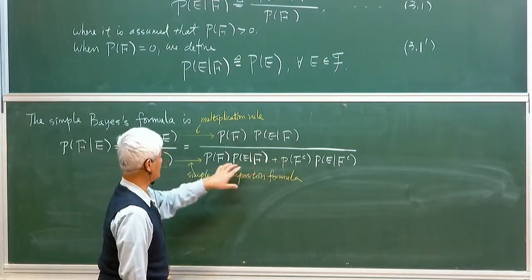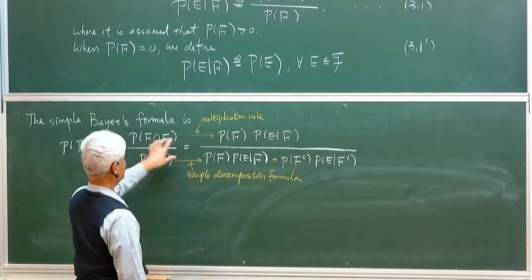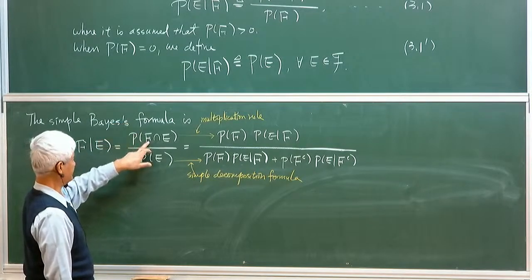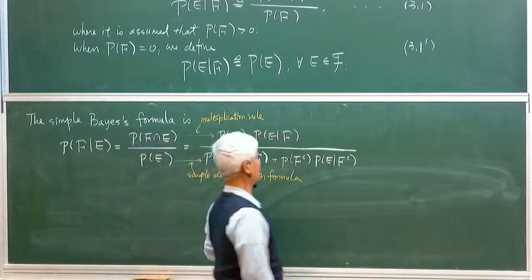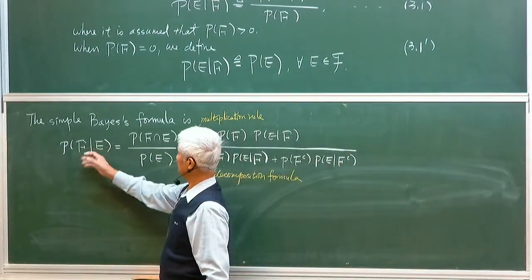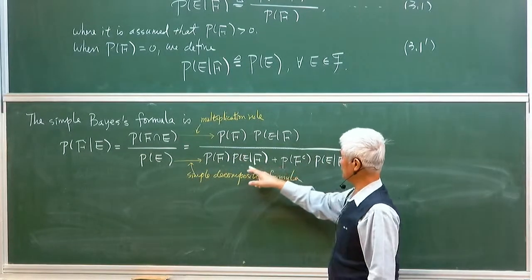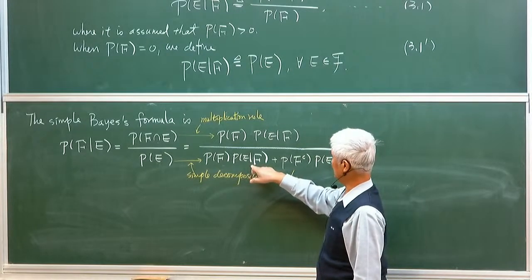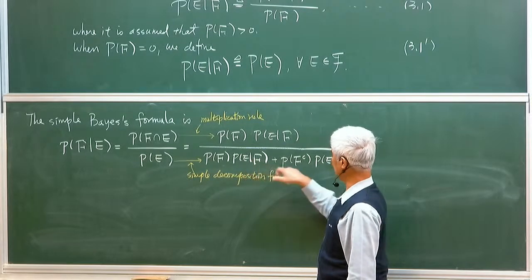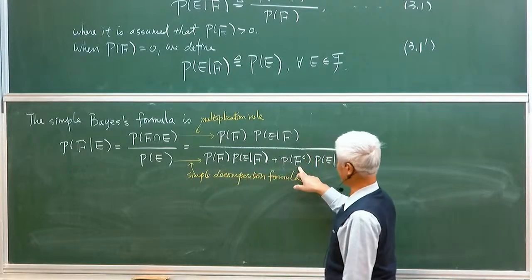From here we know that the first product is actually the numerator, the joint probability of event F and event E. So to find the conditional probability of F given E, it is quite easy if we have the conditional probability of E given F and the conditional probability of E given F complement, as well as the probability of F and the probability of F complement.